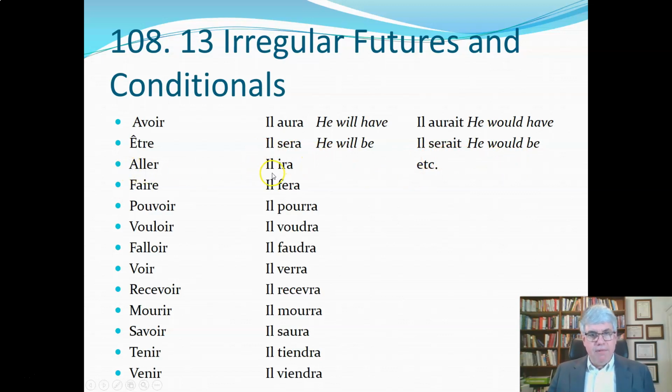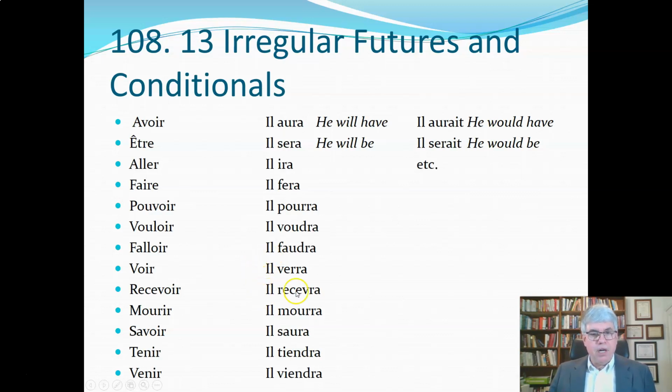And then for aller, we have il ira; faire, il fera; pouvoir, il pourra. And of course, the crazy V verbs like vouloir are here. Il voudra. Falloir, that's our il faut verb. Il faudra, it will be necessary. Another V verb: il verra, he will see.